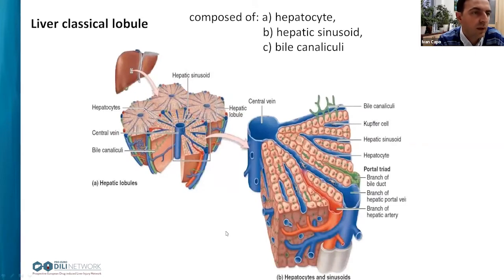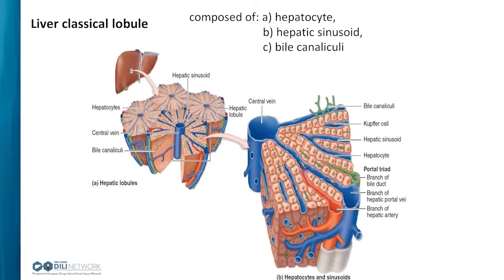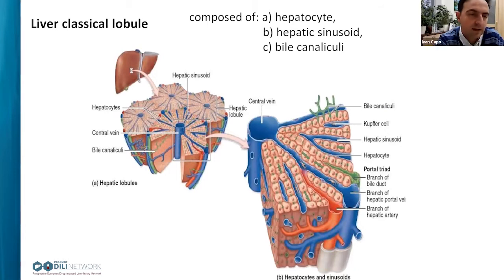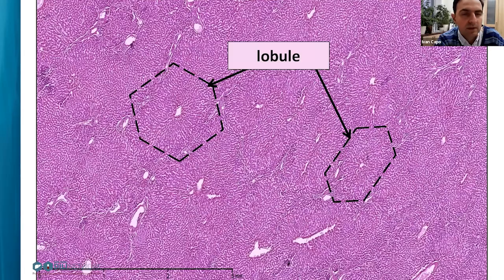In a classical lobule, we can see the hepatocytes and the central vein. This is the main histology which we can recognize in all species, but some differences can be found between experimental species like rats and mice, compared to the human. This is the basic histology of human liver tissue. We will see how it looks in the mouse.